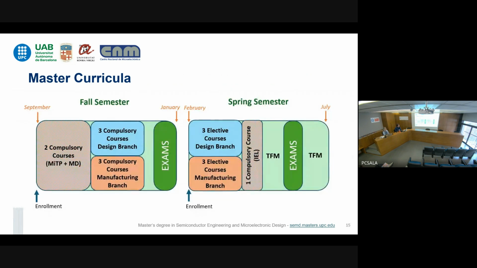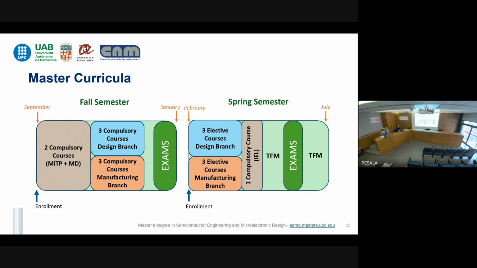And these courses are programmed through the year as shown here. The course starts mid-semester, and at the beginning, the student focuses on taking the 2 compulsory courses from design and for manufacturing. These courses take 2 months, so they end by the end of October.